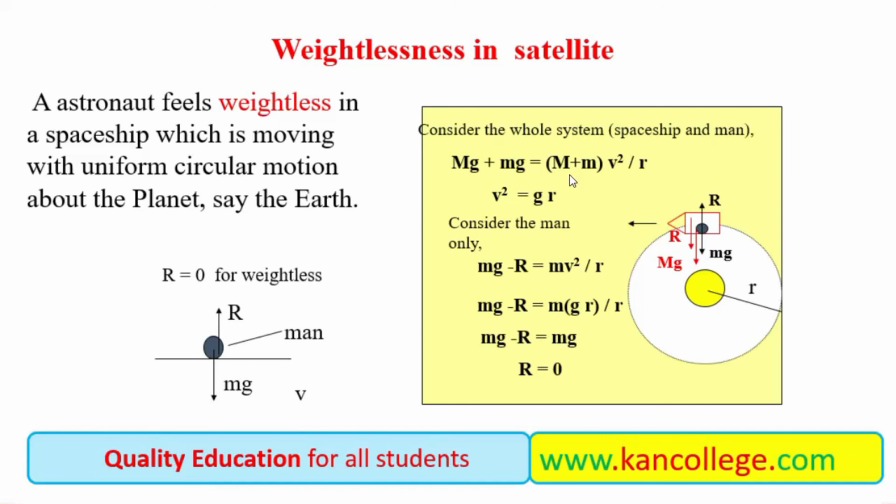And we know that centripetal force is given by the formula total mass into V square over R. If we take g common from these two terms, then inside the bracket there will be capital M plus small m, and this will be cancelled by the capital M plus small m on the other side.